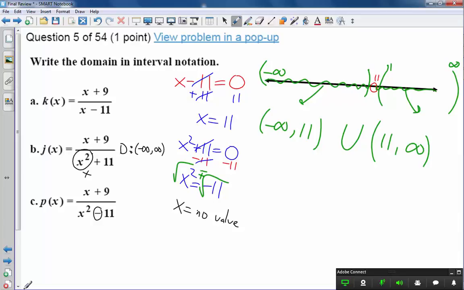So all you need to do is discover what number or numbers squared becomes 11. Technically, you're setting this into 0. Take 11 to the other side. Square root both sides, and we get plus minus root 11. Okay?